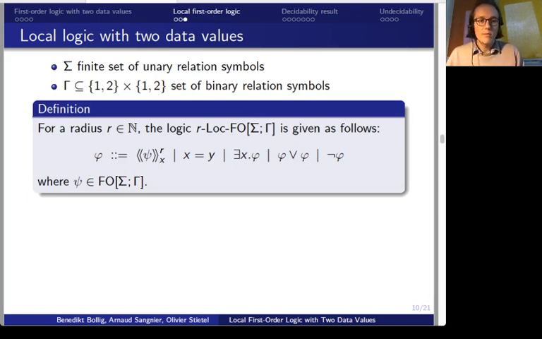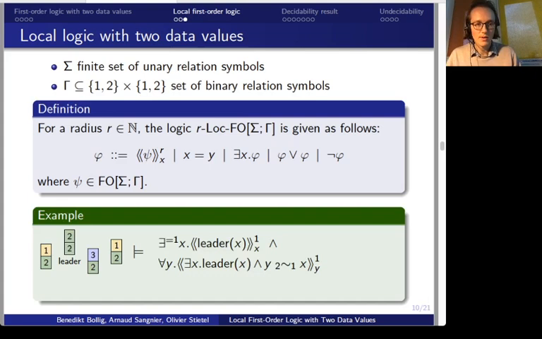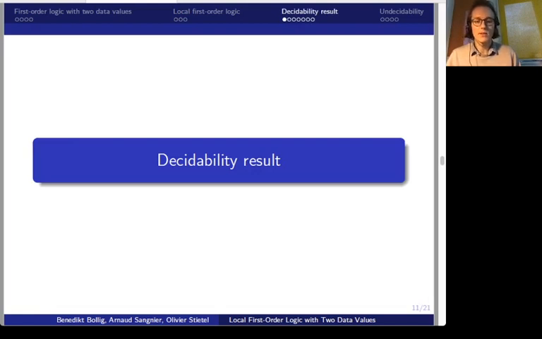We have this formula psi in brackets, and we keep the r to remind us of the radius. We can compare the equality between elements, and then we have regular FO with quantification over elements, disjunction and negation. So, for example, the previous formula can be expressed in 1-loc FO. Now we look at the decidability results.